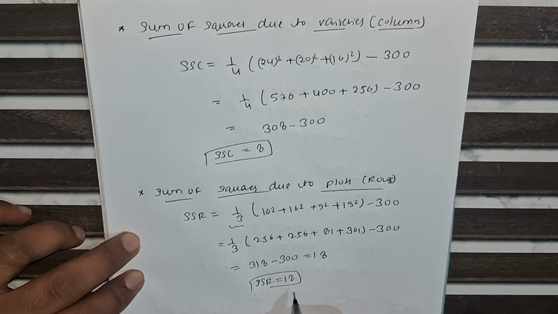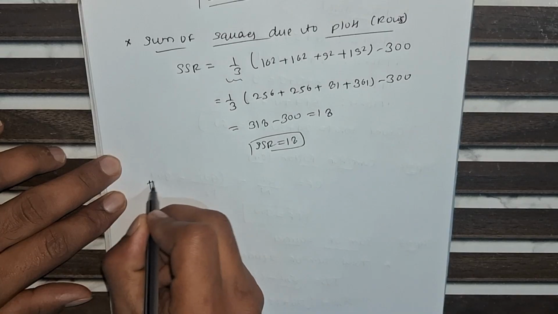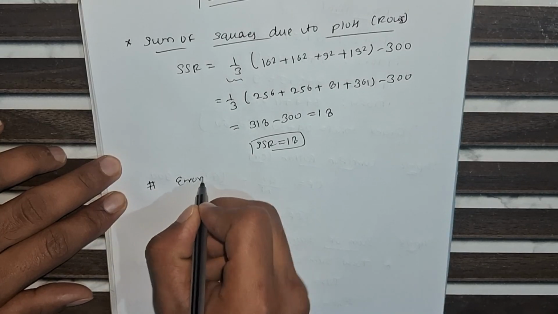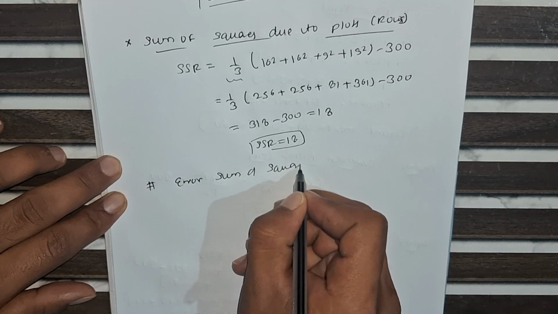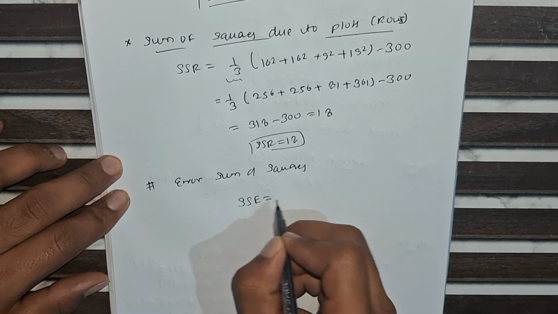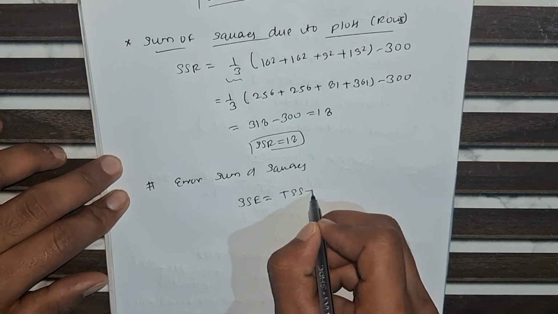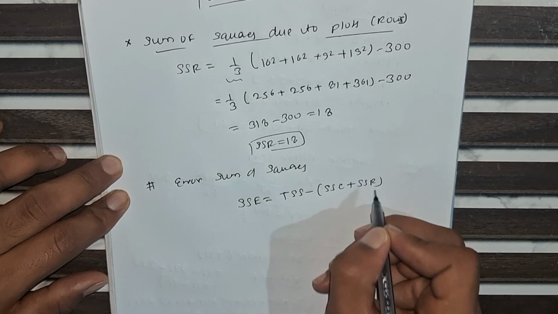Now we have to find the error. This is the error sum of squares, which is nothing but SSE equals total sum of square minus the sum of square due to column plus the sum of square due to rows.